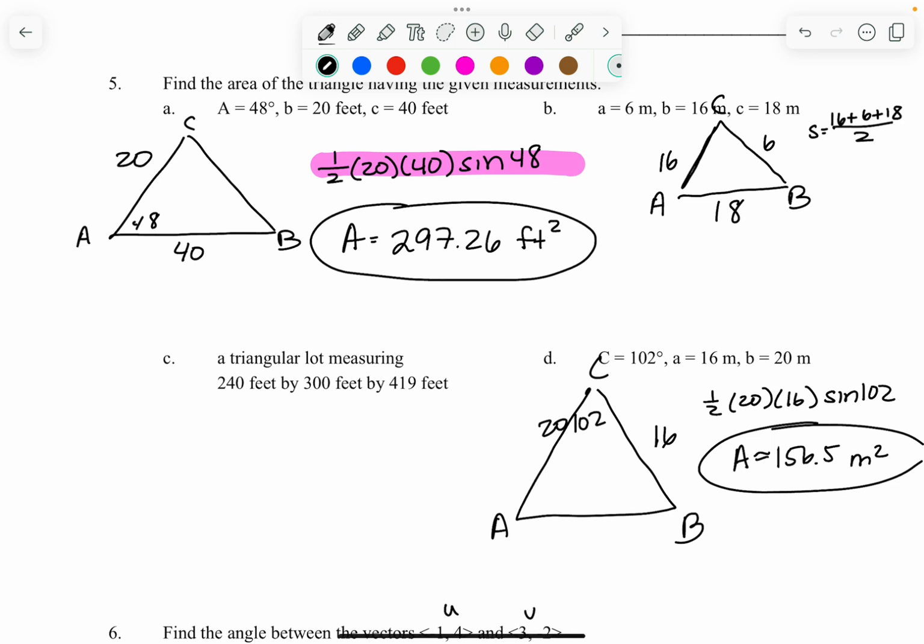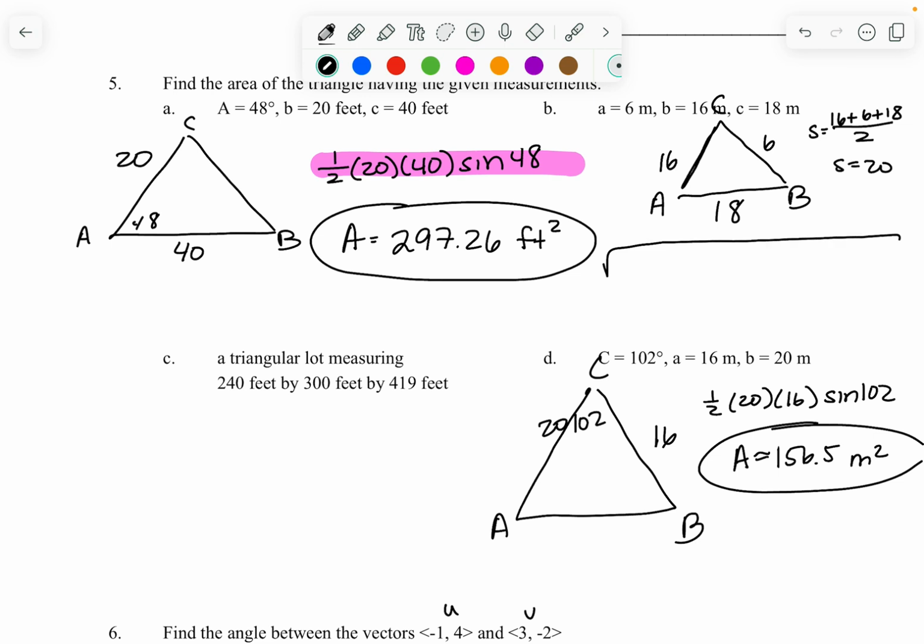So 16 plus 18 plus 6 divided by 2 is, what? Oh, 20. S is 20.